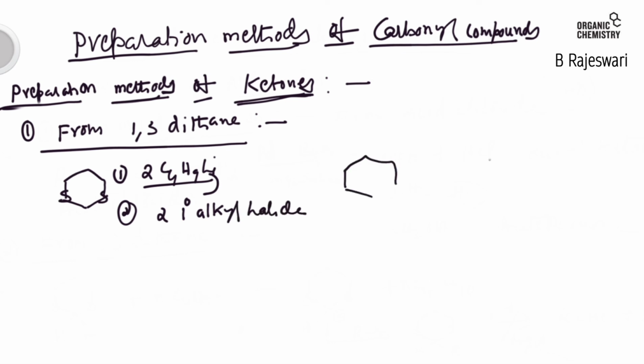So if 1,3-dithiane is treated with 2 moles of n-butyl lithium and 2 moles of alkyl halide, then both these hydrogens are replaced.